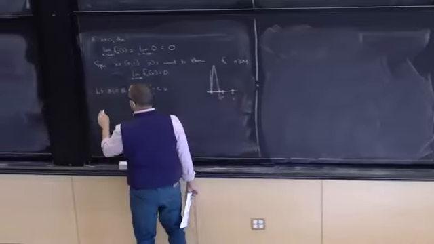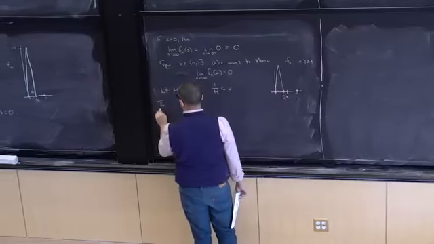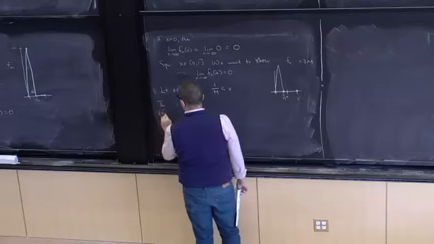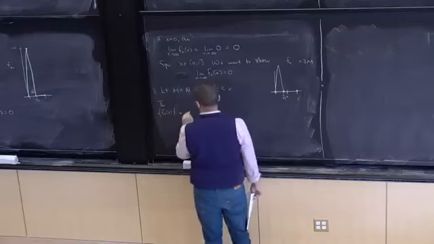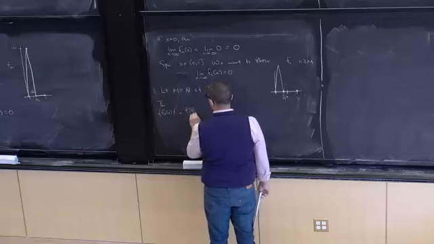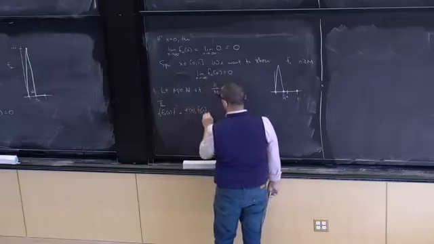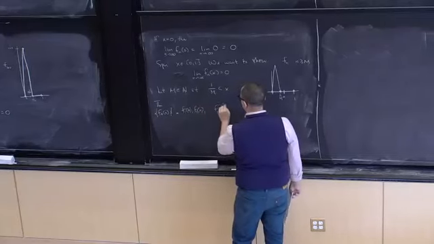Okay? So if I look at this sequence, fn of x, which I'm trying to show converges to 0, it is f1 of x, f2 of x, up to fm minus 1 of x.